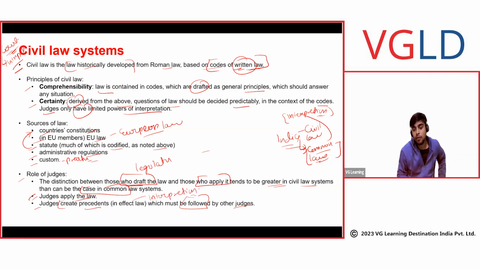It's not creating the law out of the judgment. It's basically interpretation of the law that has been there. Law is there about what speed of vehicle you will be driving.